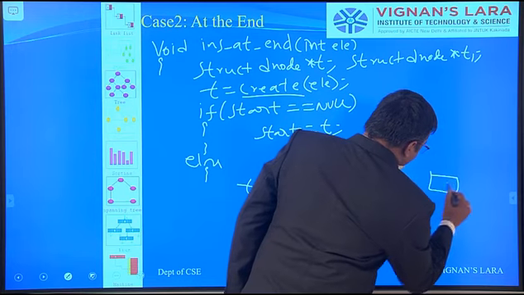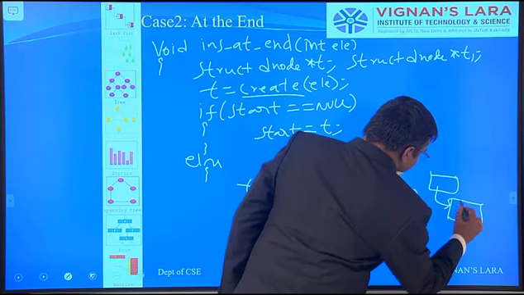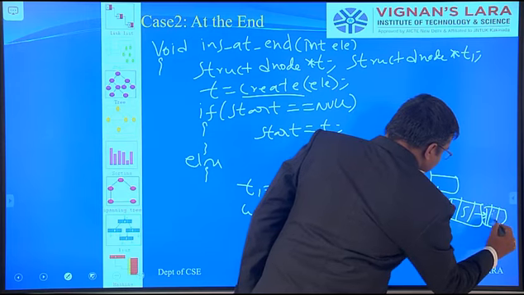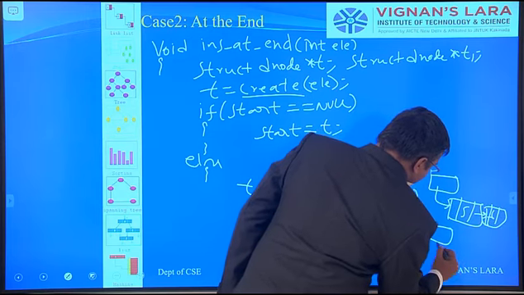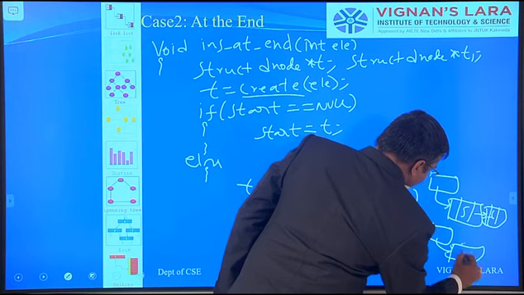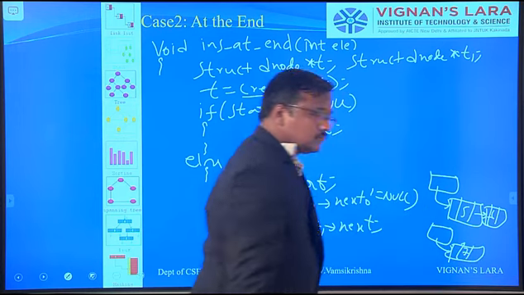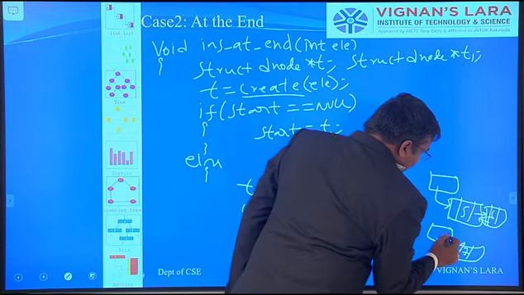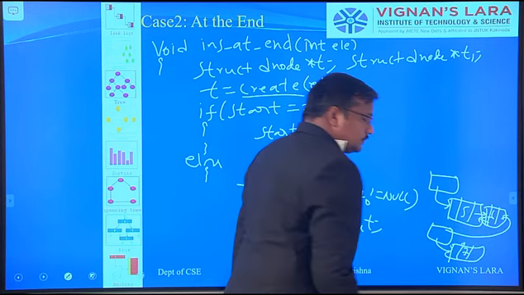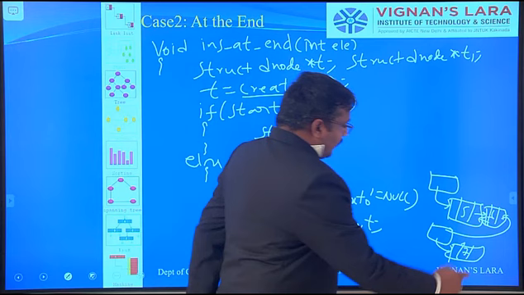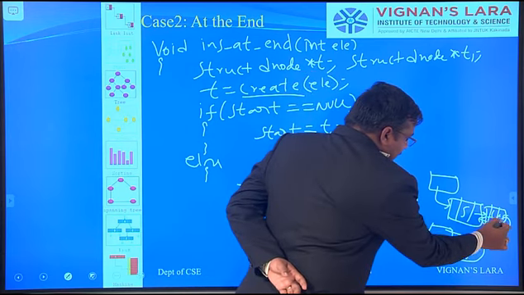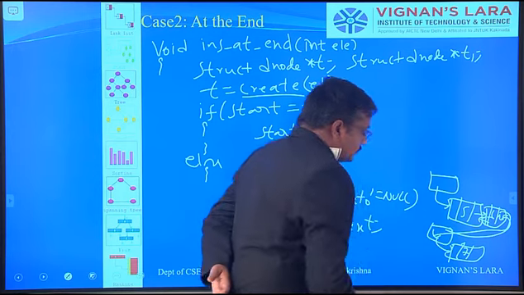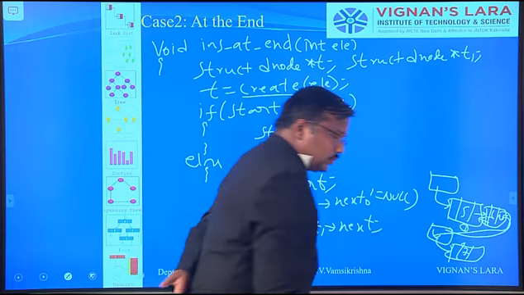just for mapping, I am taking an example, say 5, say 6. Currently I want to insert some node, that is 7, like this. Whenever you want to add this node here, first the last node's next field consists of null. So right now this should point to the new address. This is the first operation you have to do.